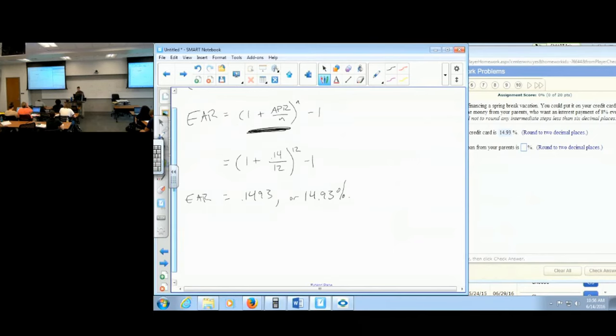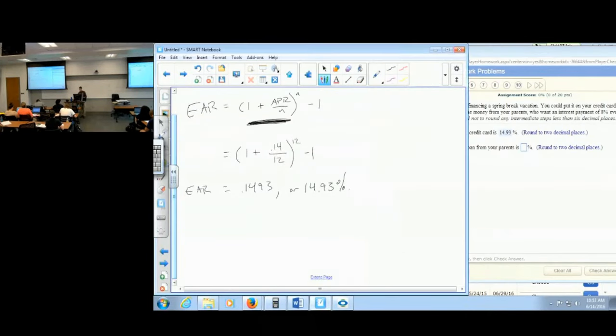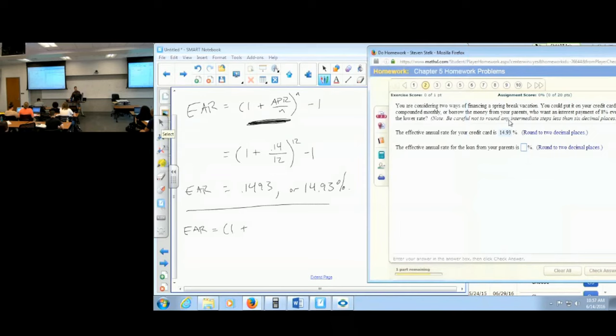The second part then is, what is the effective annual rate for the loan from your parents? Okay, I'm going to use this same formula, the effective annual rate formula, but here I'm not given the APR. I'm given the periodic effective rate, 8% every 6 months.